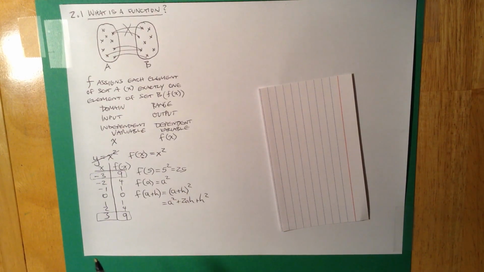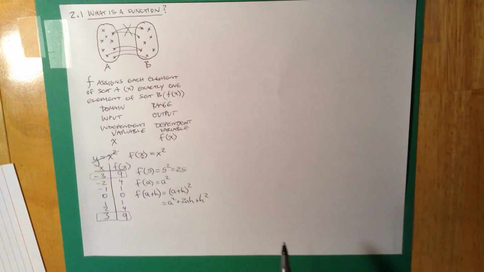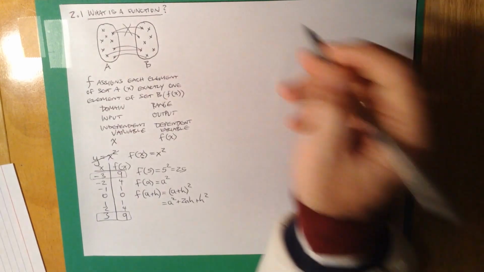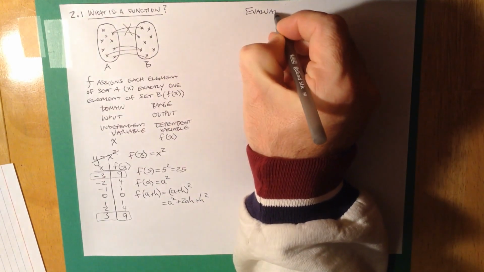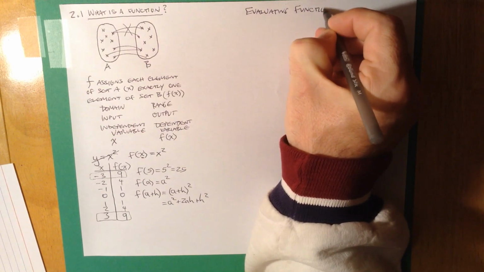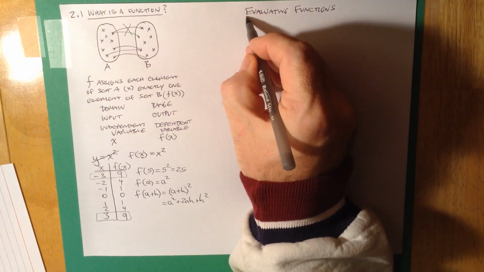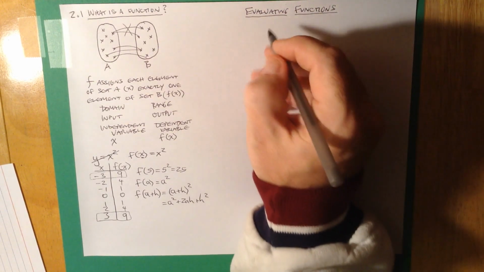All right? Well, let's continue on with another example and try and help you understand a couple of other properties of functions. Let's do what your book refers to as evaluating functions. Evaluating functions just means go ahead, run the input value through the function, and let's go with a function like this.